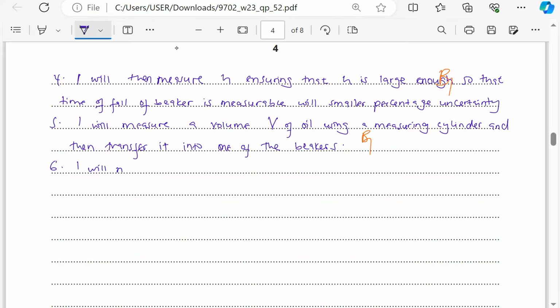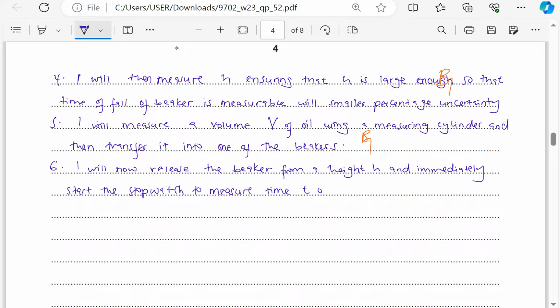I will now release the beaker or the beakers from a height H and immediately start the stopwatch to measure the time t of fall of the beaker.